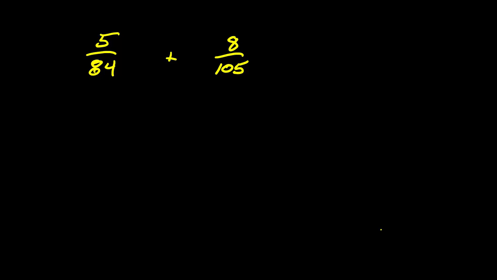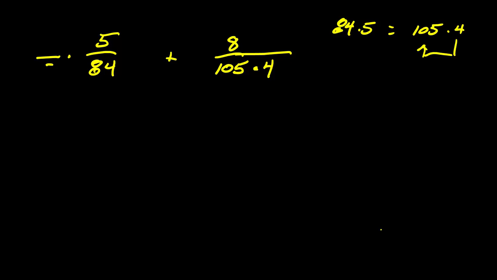Now remember that we had 84 times 5 equals 105 times 4. And I said that this number 4 is associated with that 105. So whenever I get the common denominator, I'm going to multiply this denominator by 4, and I'm going to multiply this denominator by 5.